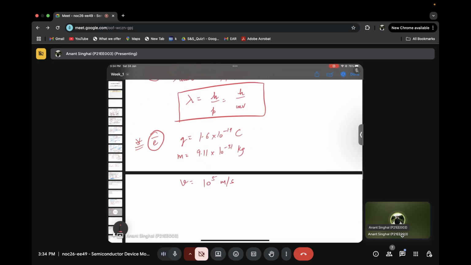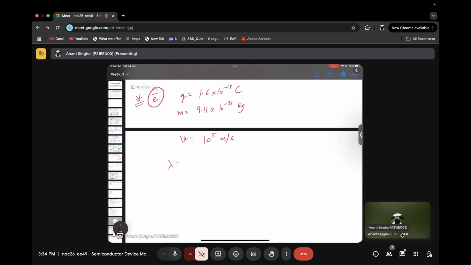If I try to calculate the wavelength of this electron, the de Broglie principle says it is h by p, which is h upon mv. Putting in Planck's constant, 6.626 times 10 to the power minus 34, I have 9.119.